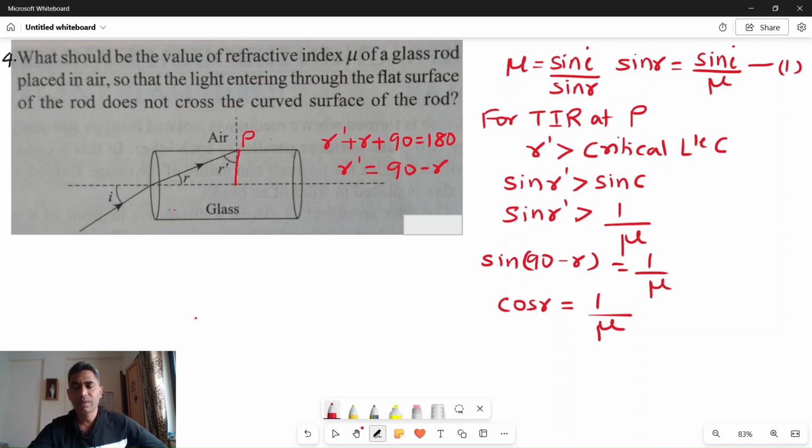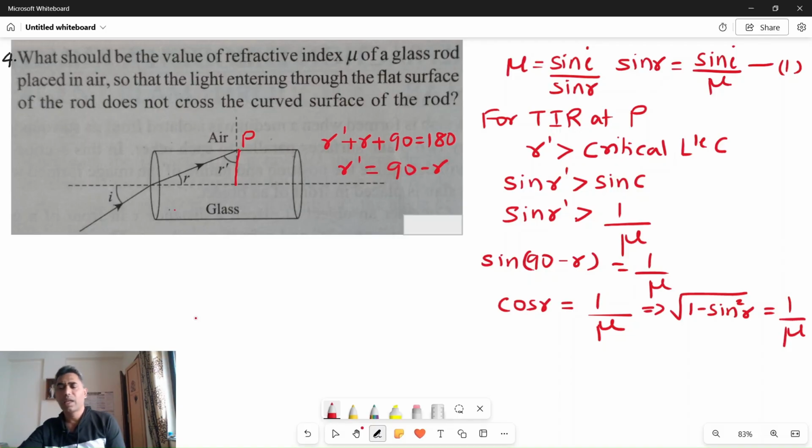Now, if you just refer to the first trigonometric identity, sin square theta plus cos square theta is equal to 1, cos of R can be written as root of 1 minus sin square R is equal to 1 upon mu. Correct? Now see, from equation 1, sin R can be written as sin I upon mu.